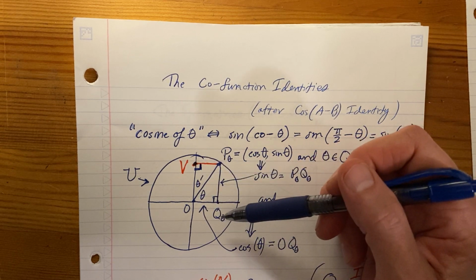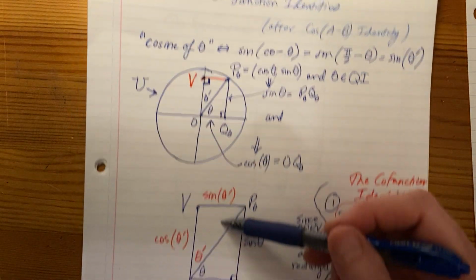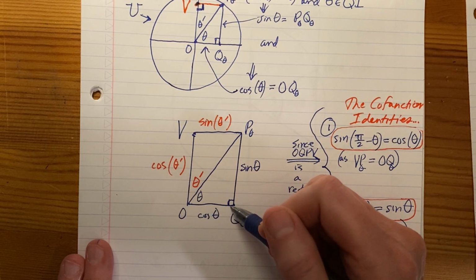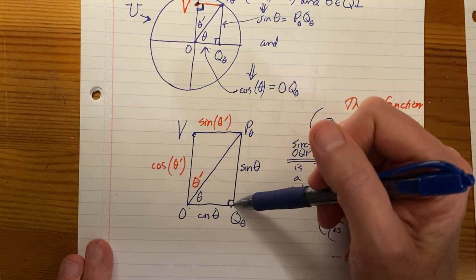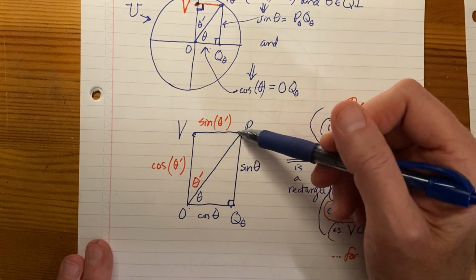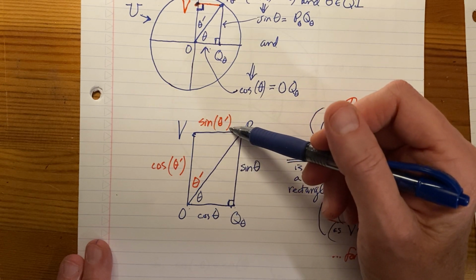which you can see makes sense because OQPV forms a rectangle. If we take the picture of this rectangle out and enlarge it, you can see the length of the side OQ, which up here is cosine of theta. If I label that here, the side opposite theta prime in the triangle POV is called its sine.